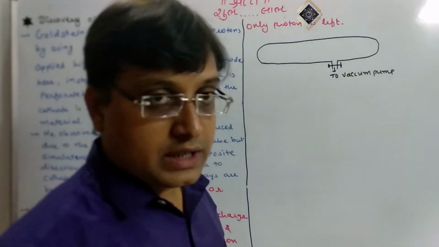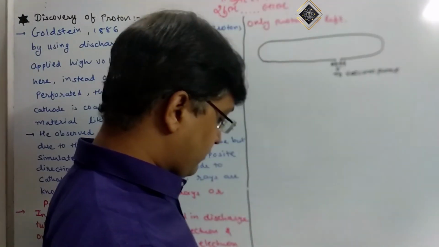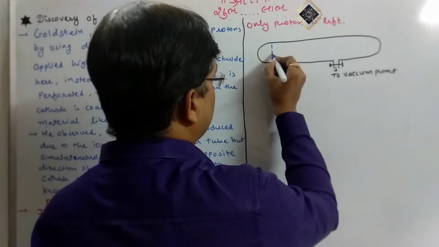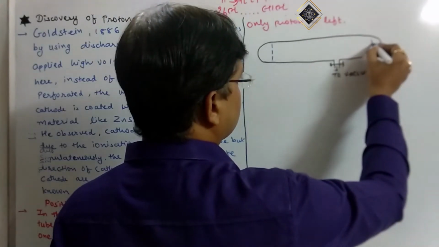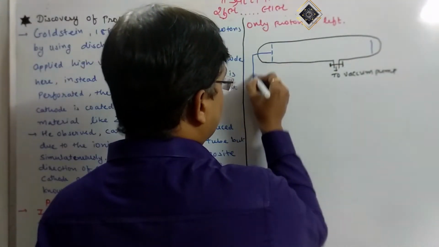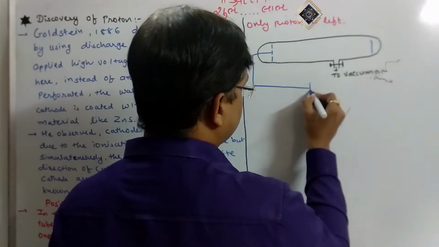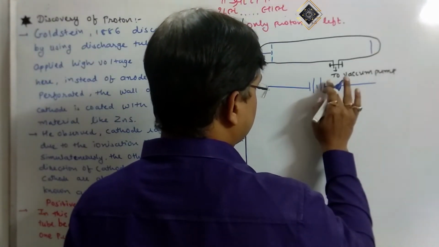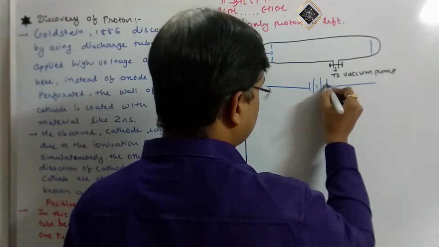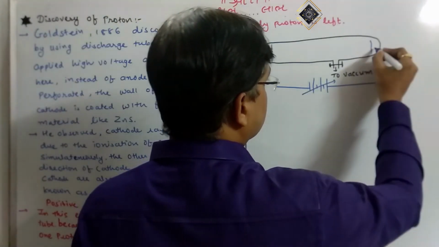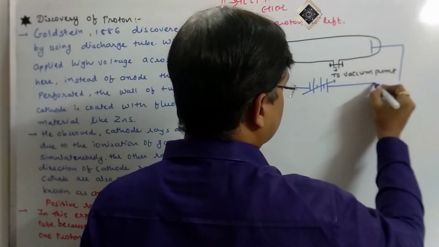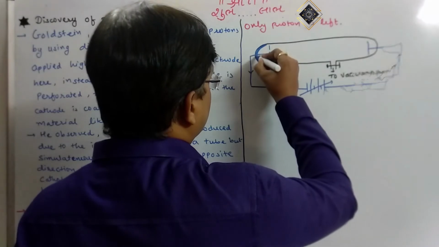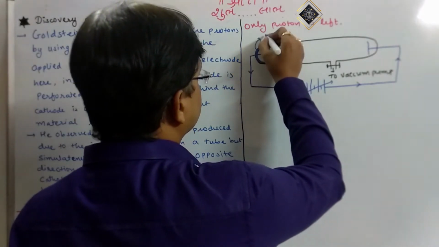In the same way, the construction is like the cathode ray tube: the glass tube, these are the two electrodes. Here we are taking the cathode as perforated, connected to the high voltage battery. The layer behind the cathode is coated with the fluorescent screen.